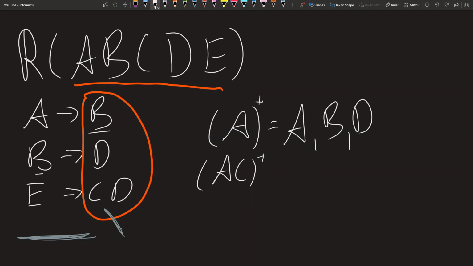So AC is not necessary to check. So the next one could be A and E. Why don't we need to check B? Because B, we already have an A. So A and E.